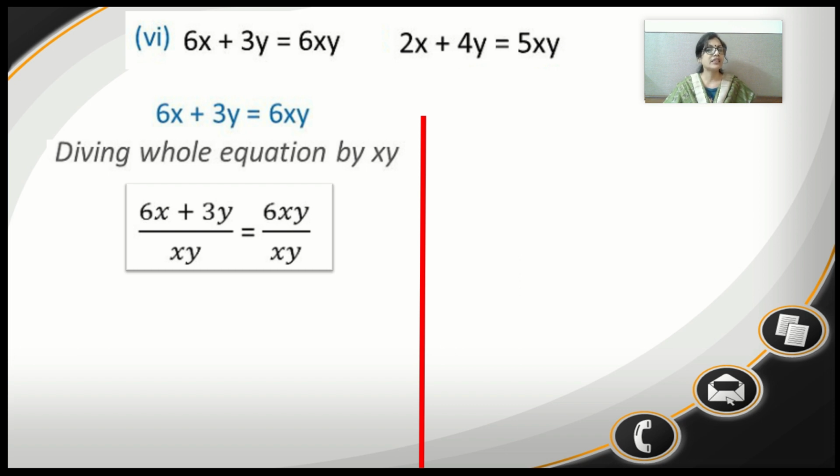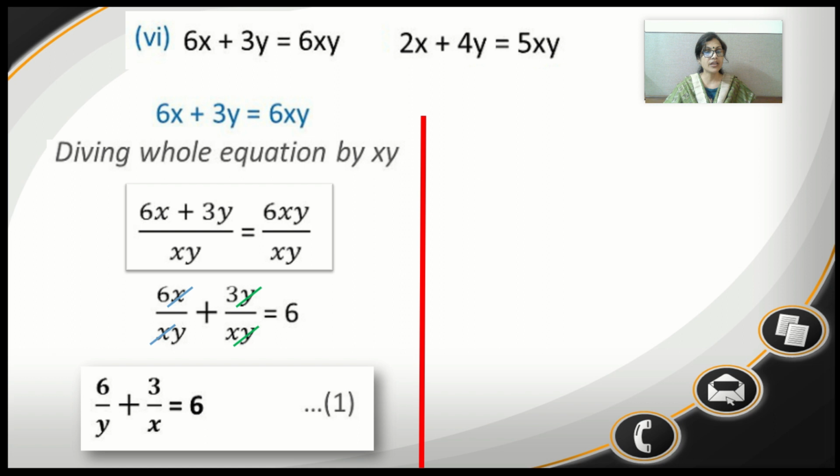So we will write 6x upon xy plus 3y upon xy is equal to 6 because we have cancelled xy. Alright, so here also we can cancel this x and y. So we are left with 6 upon y plus 3 upon x is equal to 6. And we will call this our equation 1.